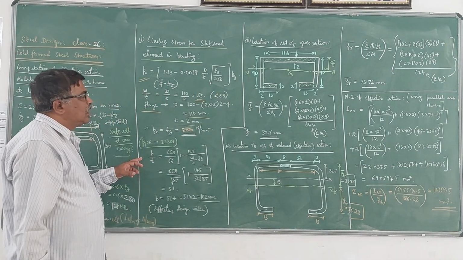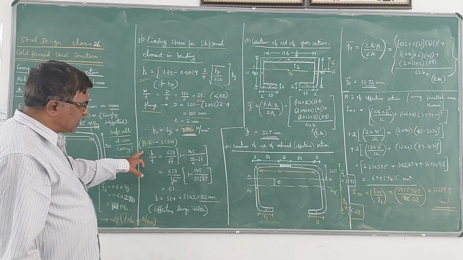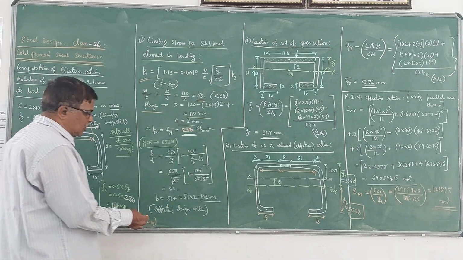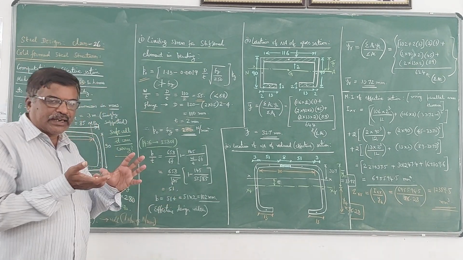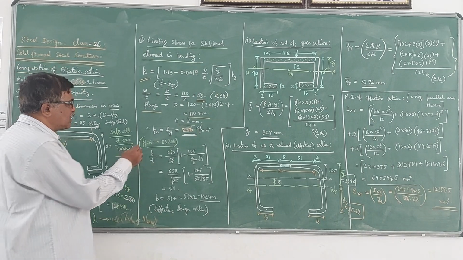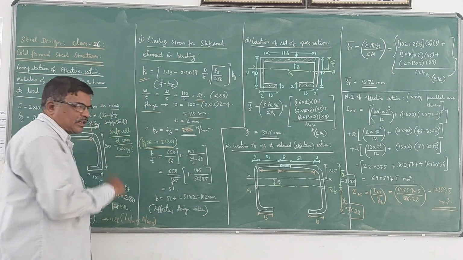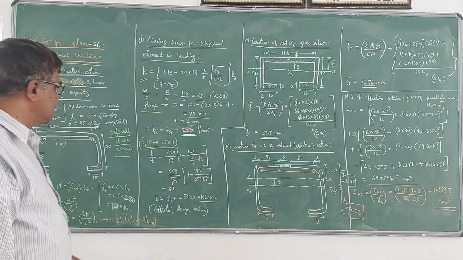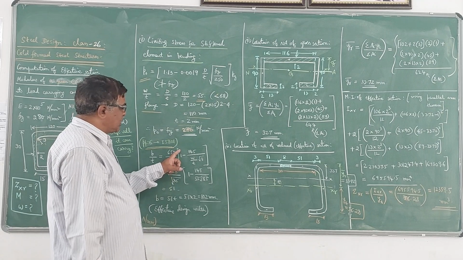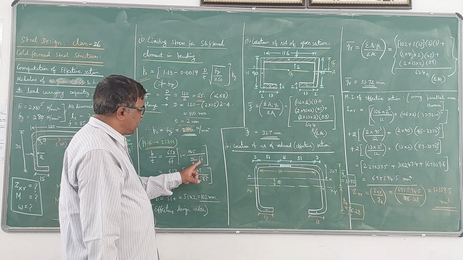Now here to calculate Zxr, what we have to do is we need to calculate the effective design width. The effective design width as per IS 801, which is there on page number 6 for stiffened elements. This is the equation: b by t is equal to 658 by root f into 1 minus 145 by w by t into root f.